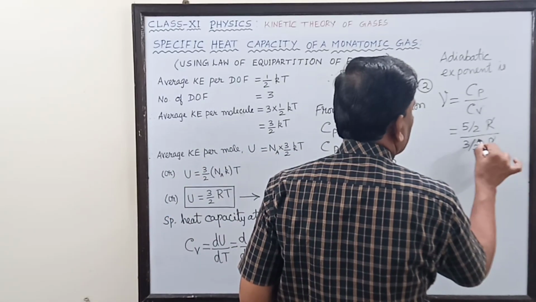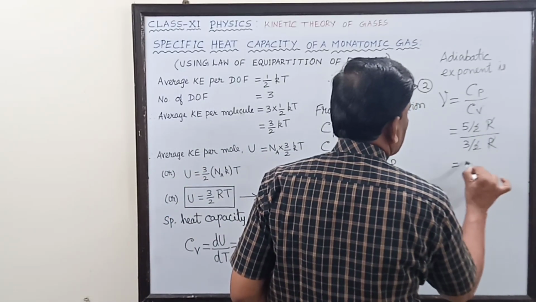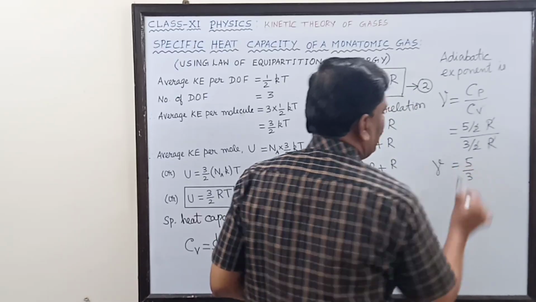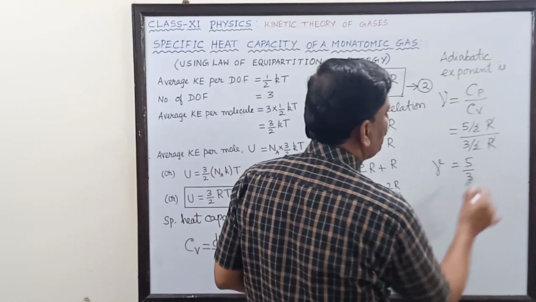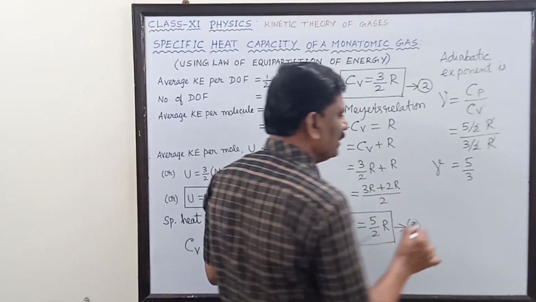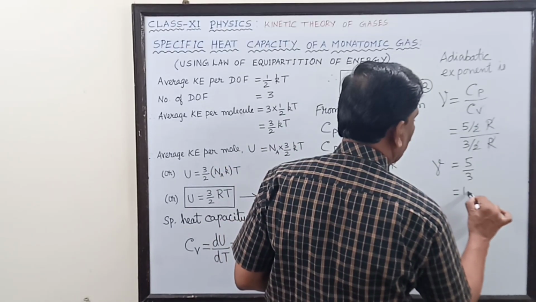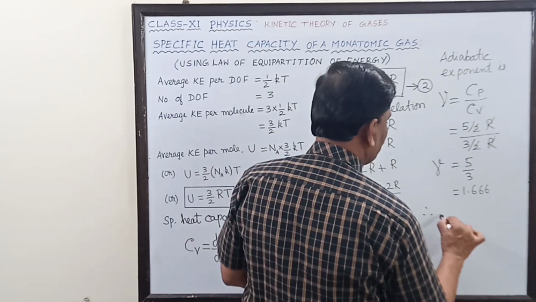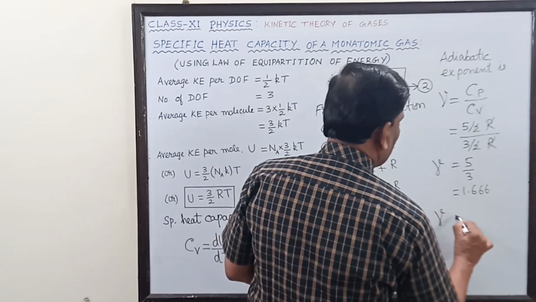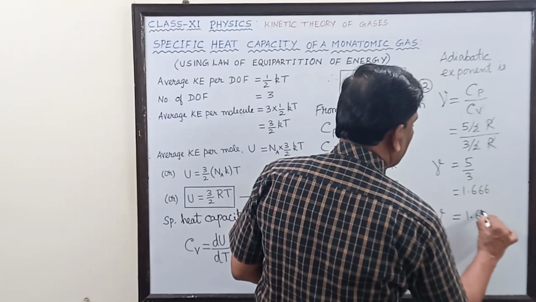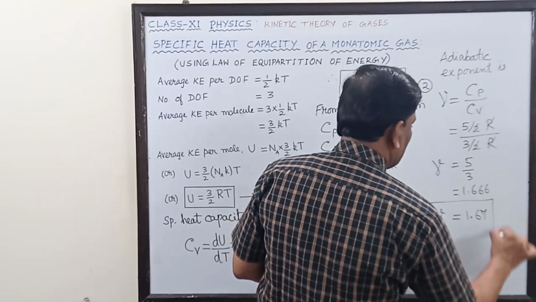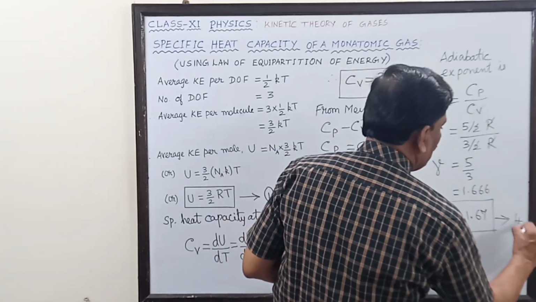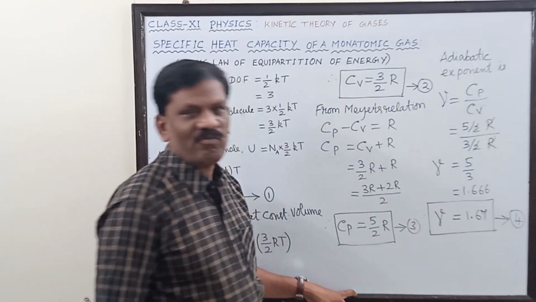After cancelling these constants, this is equal to 5 by 3, which must be around 1.666 recurring, is it not? So I am rounding off these digits, so gamma is now equal to 1.67. This is the final value required here. So this is equation 4, step number 4.